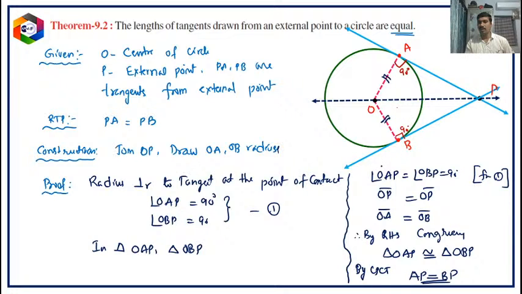First, angle OAP and OBP each is 90 degrees, that we know, and OP is the common side, which is common for both, and OA equal to OB, which are both radii. Radii are always equal. Therefore right angle equal, hypotenuse equal, side equal. Therefore by RHS congruency, triangle OAP is congruent to triangle OBP. By CPCT, AP will be equal to BP. Therefore the lengths of the tangents from the external point are always equal. Okay children?